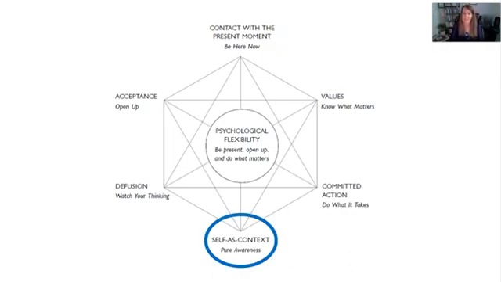I'm going to jump down here to self as context, and this is highly related to diffusion. It's often also called the observing self, where you have your true underlying core self regardless of your circumstances. And so it can be that your temporary states are good or bad.